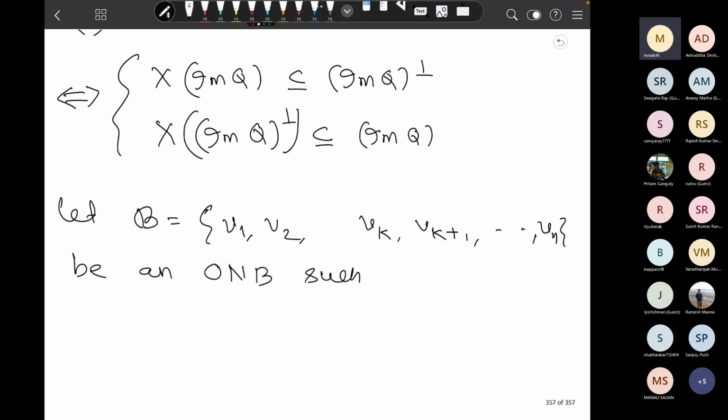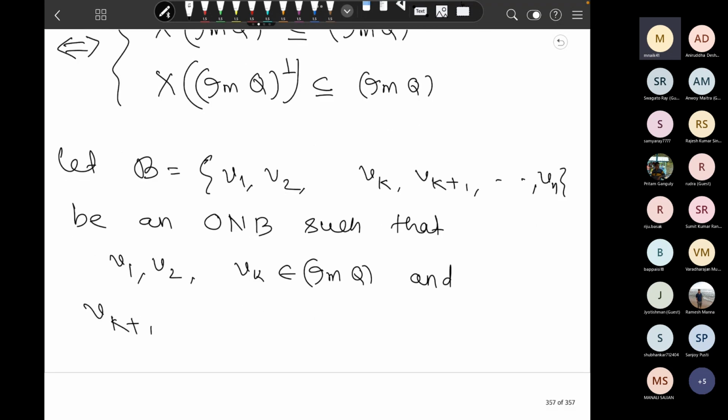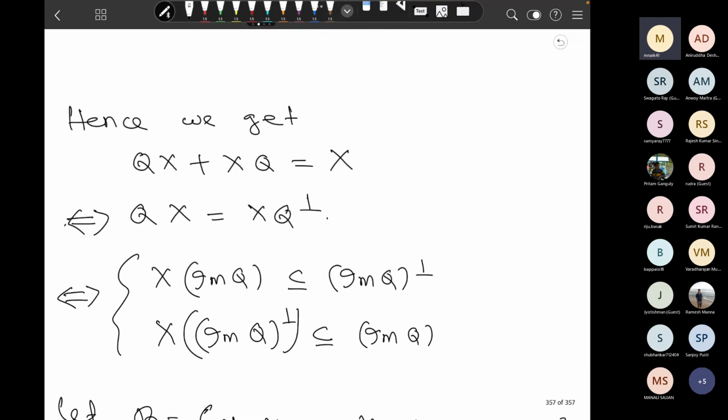So that v1, v2, ..., vk belong to image of Q, and vk plus 1 up to vn belong to image of Q par. I fix a basis, and Q is fixed.